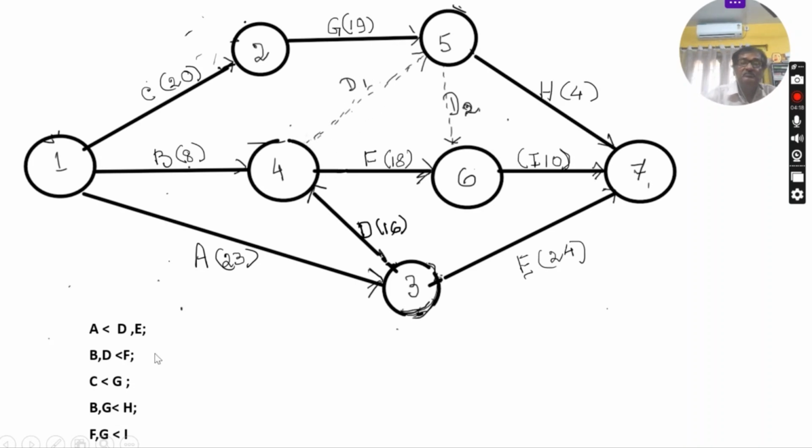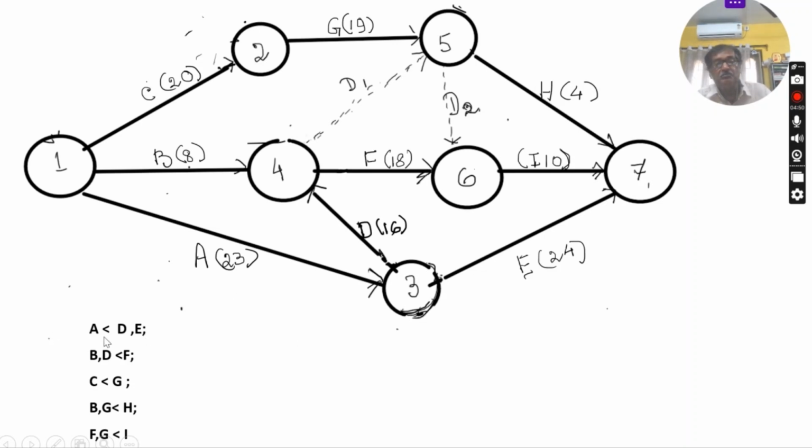Okay. So now I am not going to discuss how to draw the network. I am just showing the logic given for the activities. A less than D and E means D and E activities will be done only after completion of A. Only after completion of A, D activity and E activity can start.